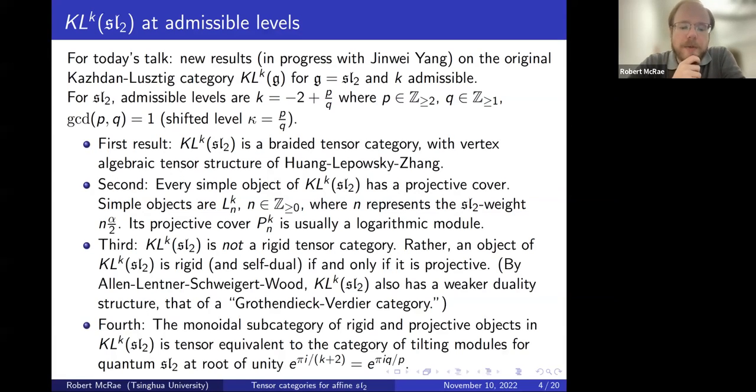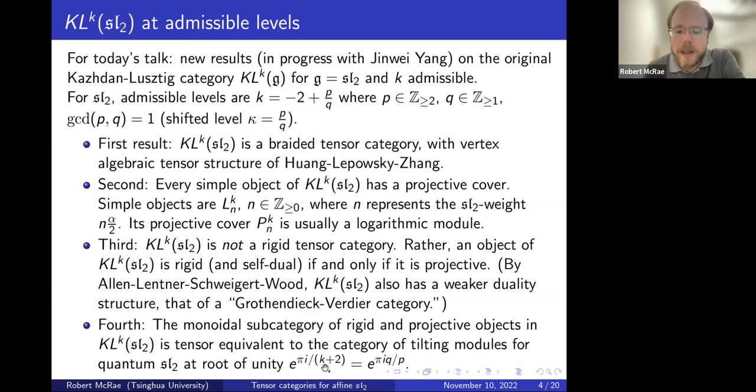And I guess the fourth main result is that this subcategory of rigid and projective objects is tensor equivalent to the category of tilting modules for quantum SL2 at some root of unity. At the root of unity you expect, the one that's related to this level.